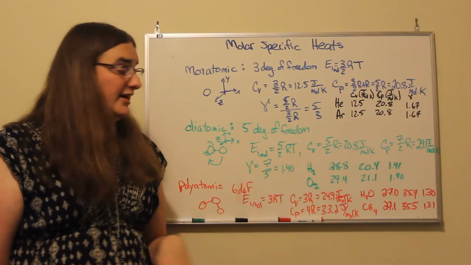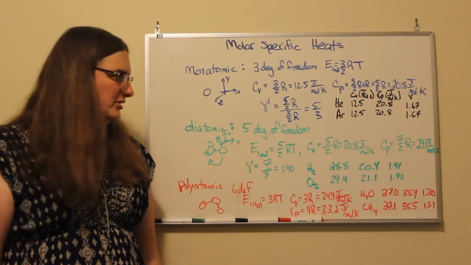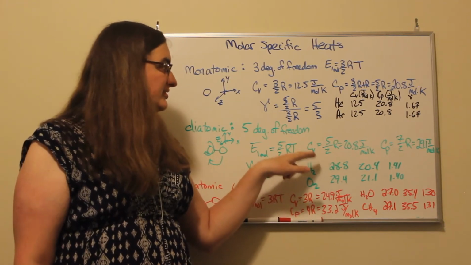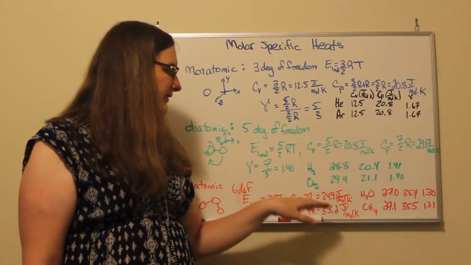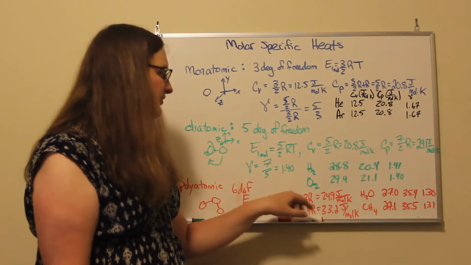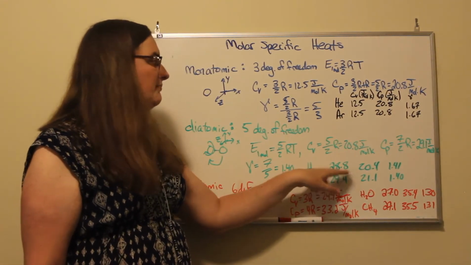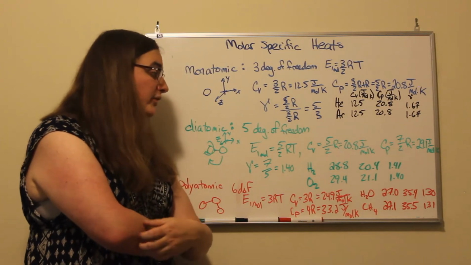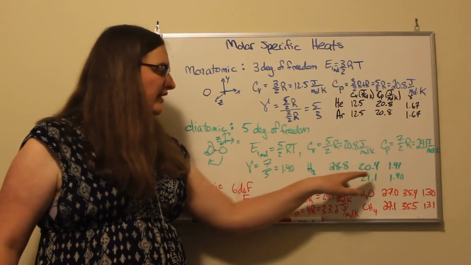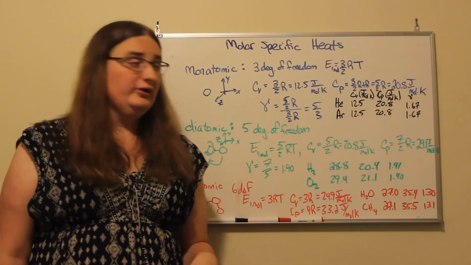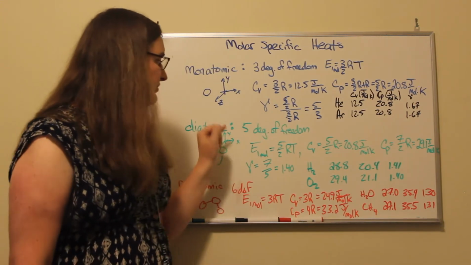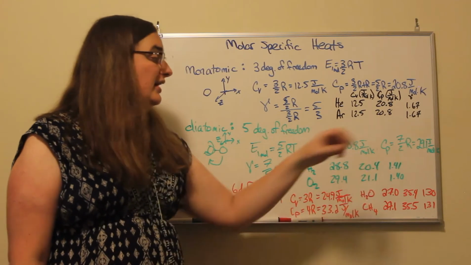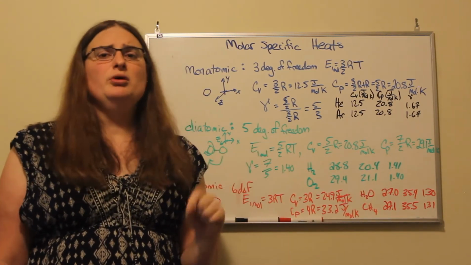So if I take a look at hydrogen gas around room temperature, we get a value that's a little bit low for C sub P, and I kind of flipped how I wrote things here for this middle bit. My C sub P value for hydrogen is 28.8 joules per mole Kelvin. My C sub V value is 20.4 joules per mole Kelvin. So it's a little bit under the 5 degree of freedom prediction, and I get a gamma of slightly more than 1.40.